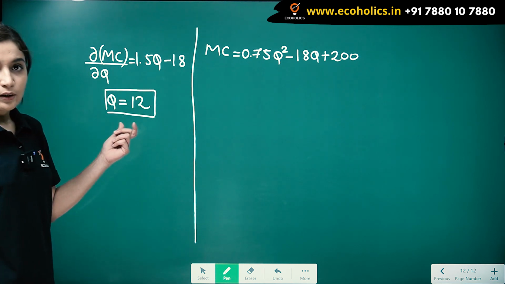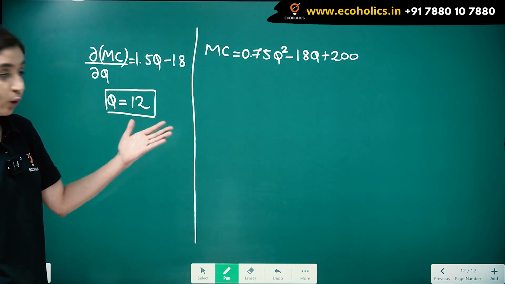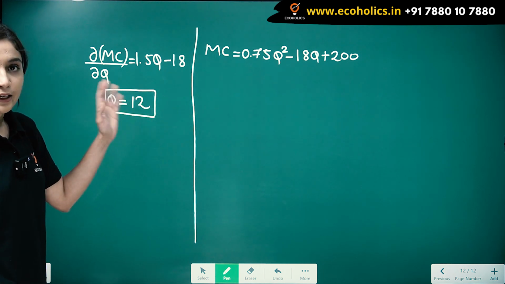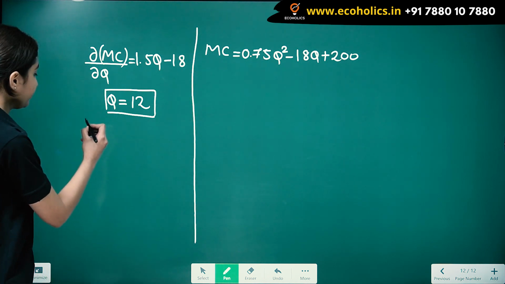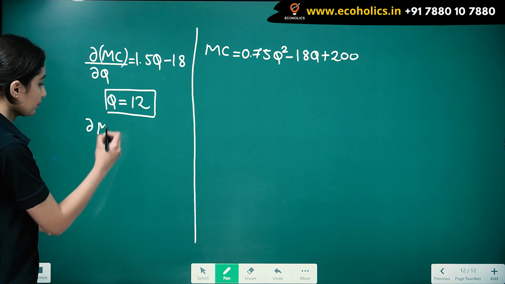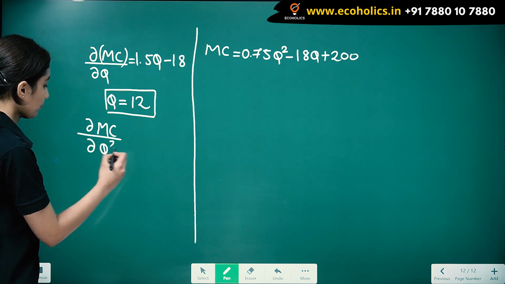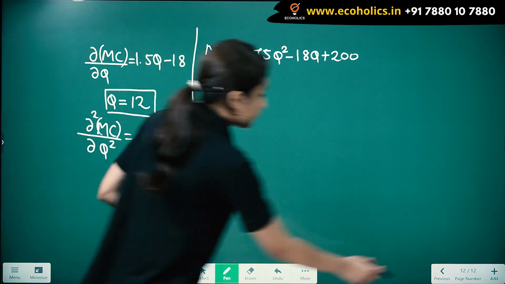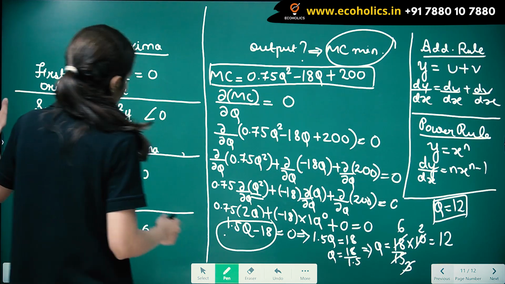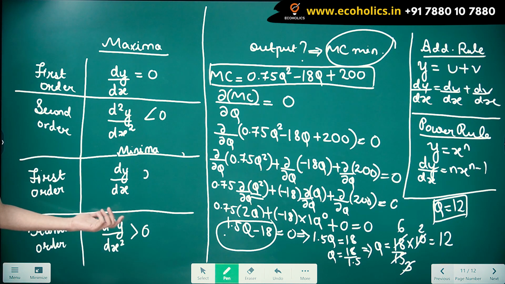We need to see whether at this output level our marginal cost is minimum or not. For that, we need to find the second order derivative. So this is the condition for finding the minimum value.